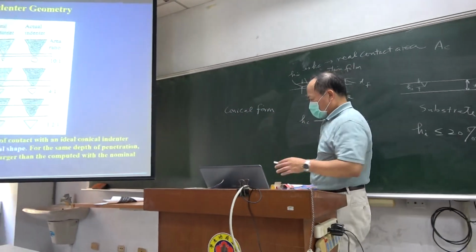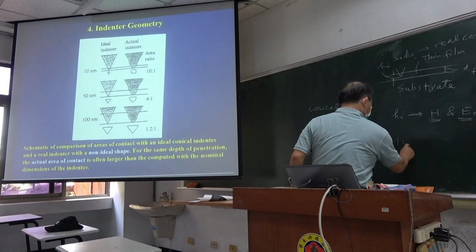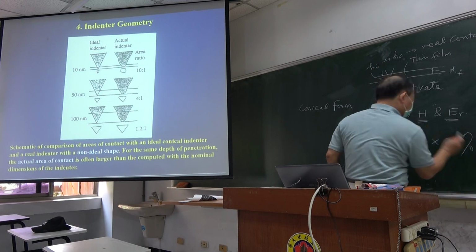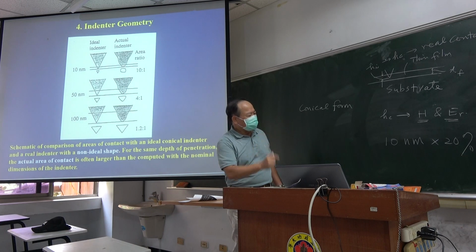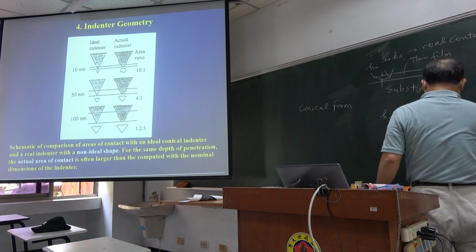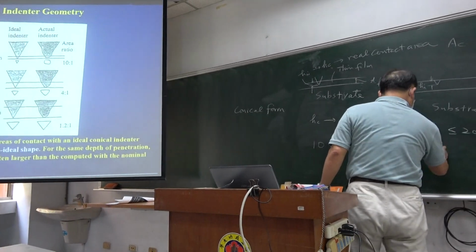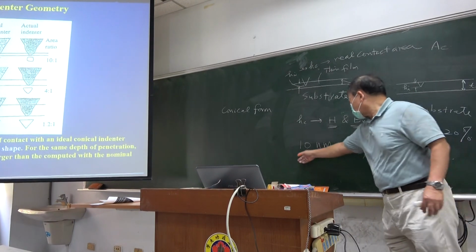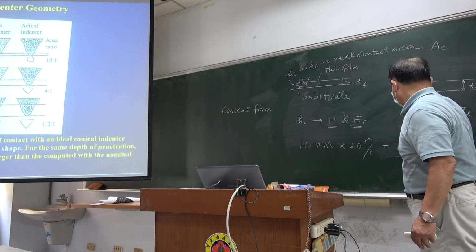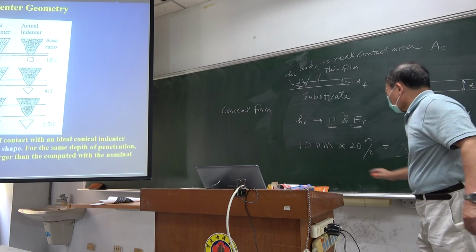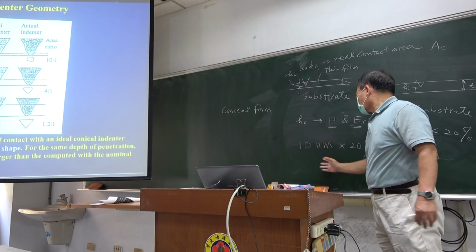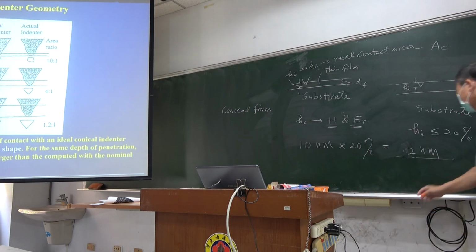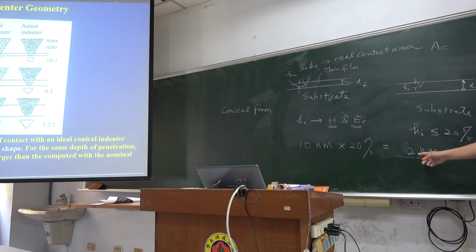So in this case, if your thin film thickness is just 10 nanometer, then given the 20% ratio, you obtain your maximum indentation depth of just 2 nanometer.